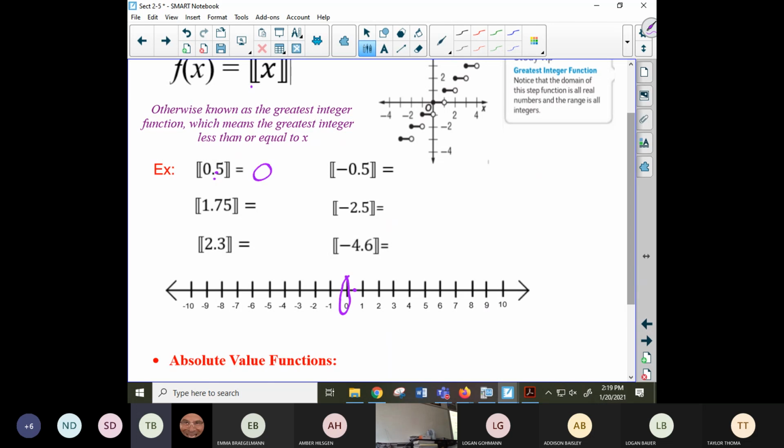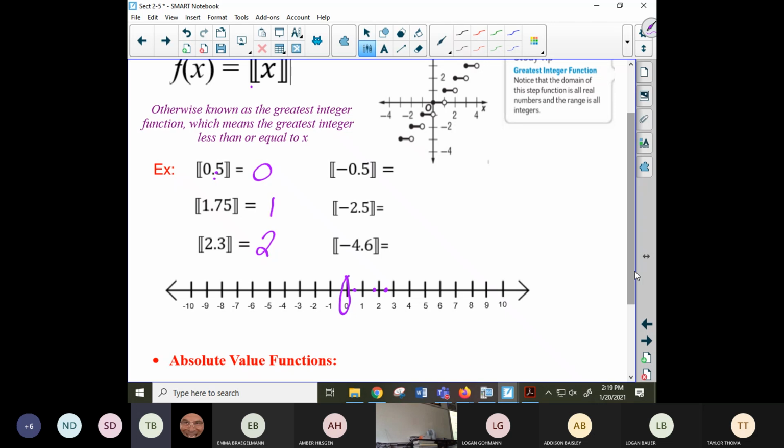If you're at 1.75, what's the greatest integer less than that? 1. If you're at 2.3, what's the greatest integer less than that? 2. Is it only whole numbers? It's only whole numbers, but they can be negative, like -2. Okay?